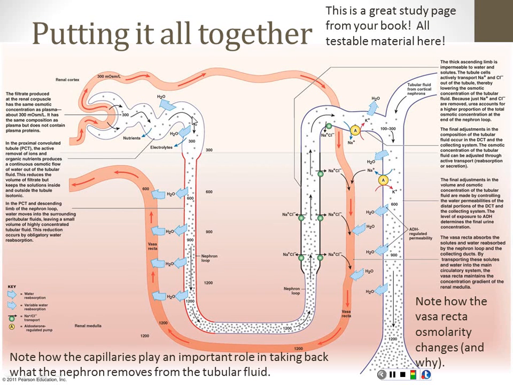Then if we continue to follow what's becoming urine, it goes down the descending limb, a bunch of water comes out. Where does the water go? Into the peritubular capillaries again. That comes down here. It's gotten very concentrated. You see that with the circles. Goes back up. Now the salt gets pumped out. As the salt gets pumped out, we create this gradient, right?